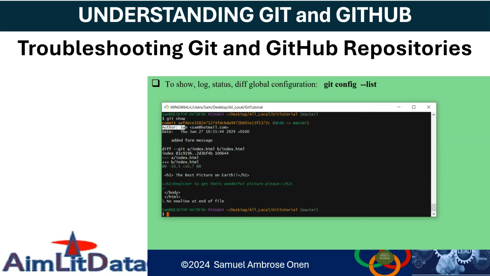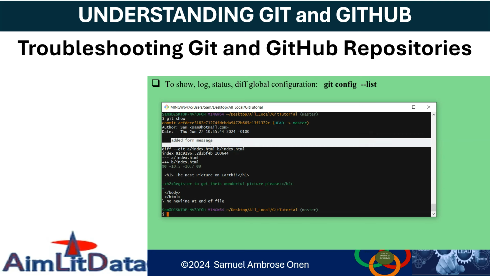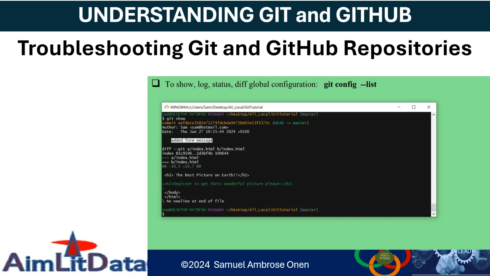The author is coming from the global scope, where we set the author. The date and things like that are coming from the system scope because that is configured automatically by the system. And then the commit message is coming from the local scope.